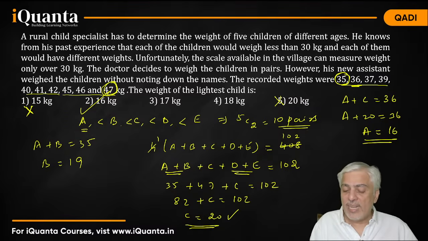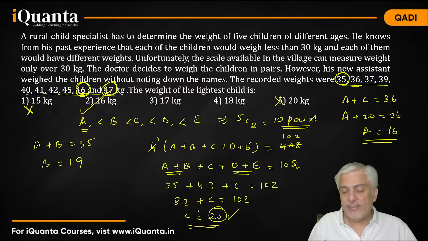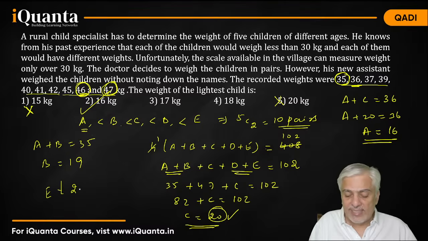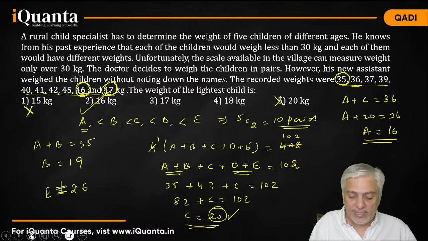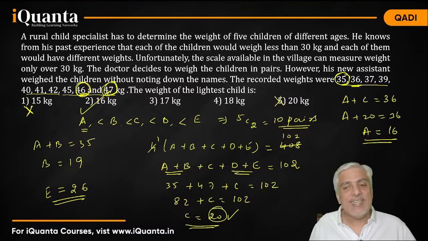Now we know the second highest will be C plus E. So 20 is C. So E will come out to be 26. And once we got 4 of them, we can add and get D also. Whatever way you get D, you will get the answer.